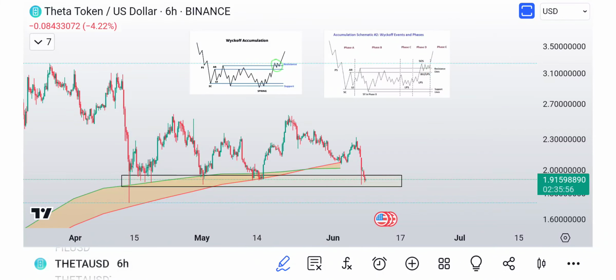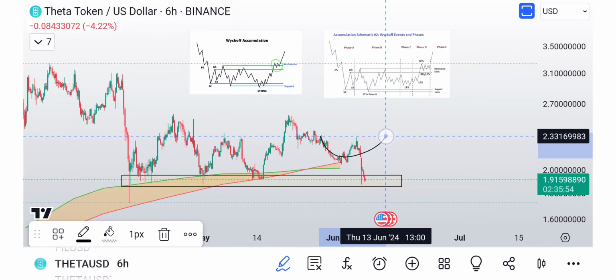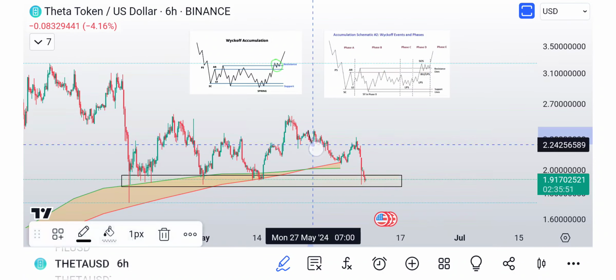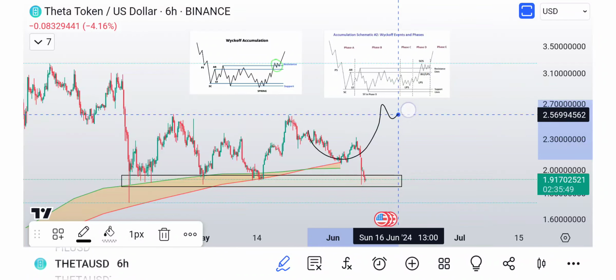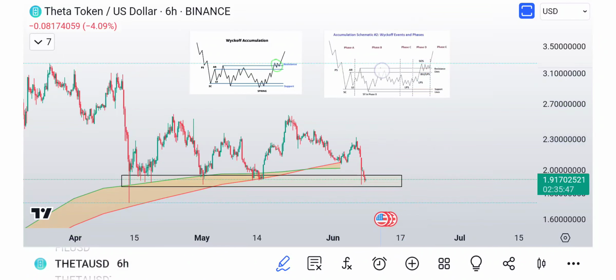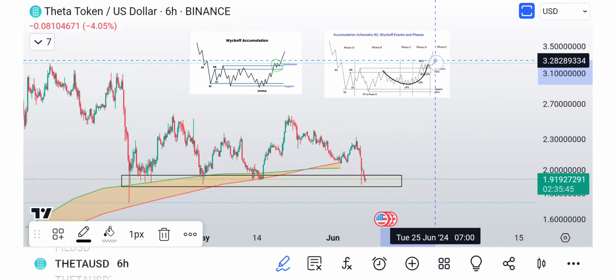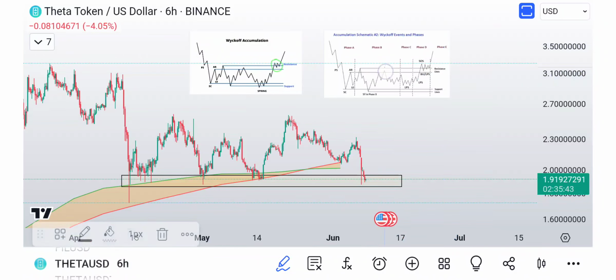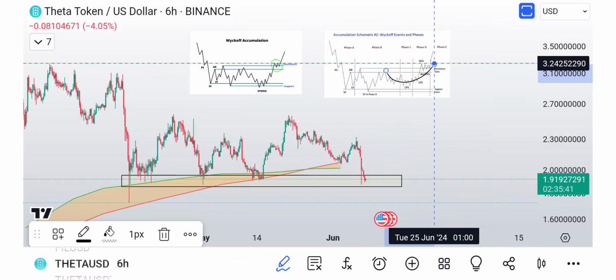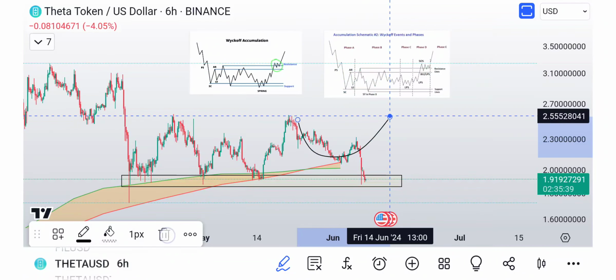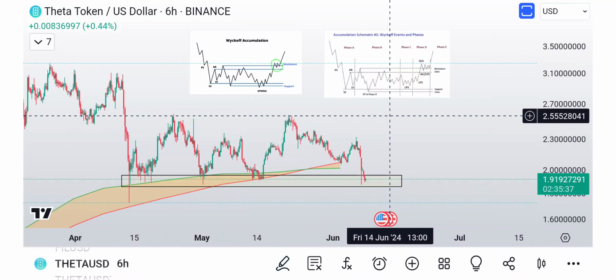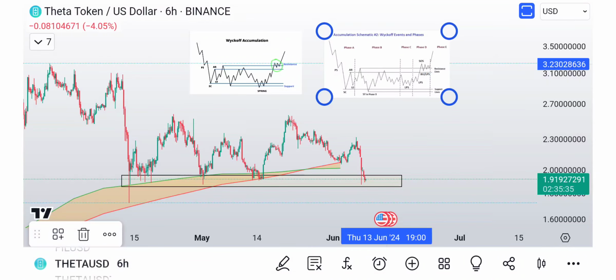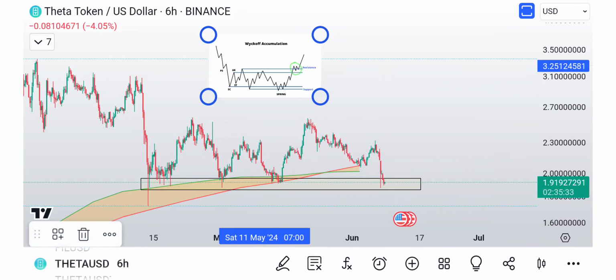Because it matched up nicely. It had this round curve right in here that we were looking for, and then continue higher. So we were looking for this right in here. Obviously, that didn't happen. So what we could do is take that guy and see you later.